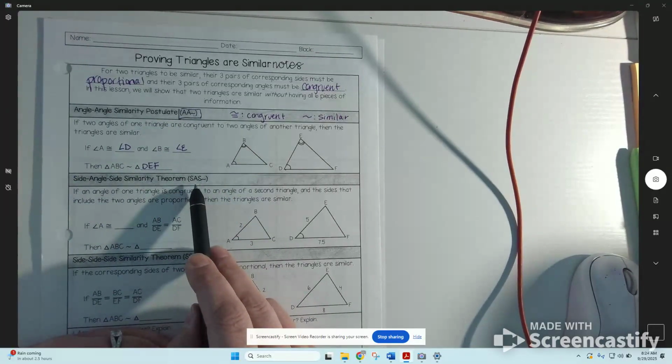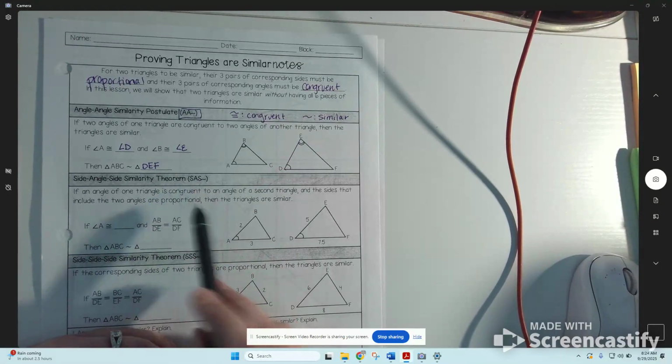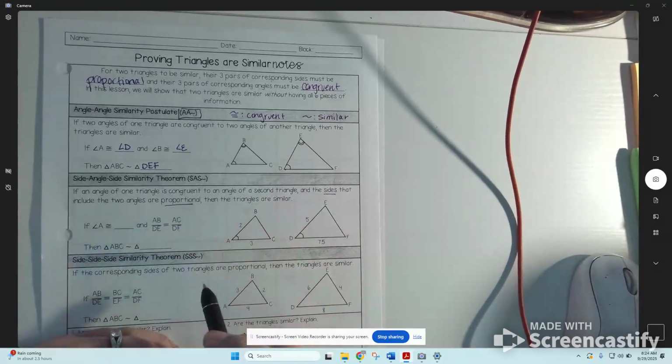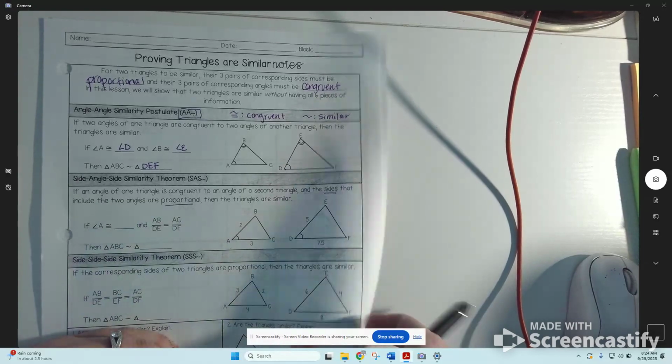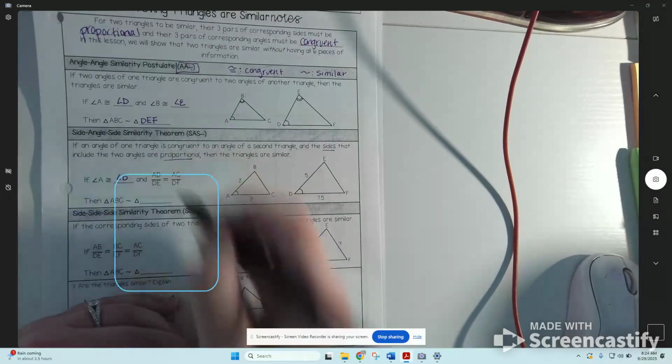There's also side, angle, side. Now this is a little bit different than our side, angle, side in congruency. If you read here, it's that the sides are proportional, and the angles are equal. We'll talk about what that proportional word means. In this one, they told us that angle A and angle D are congruent.